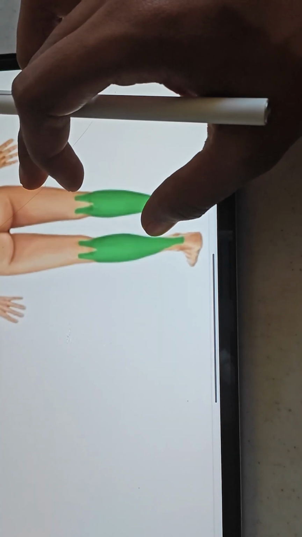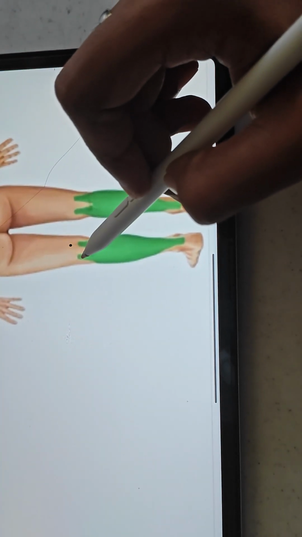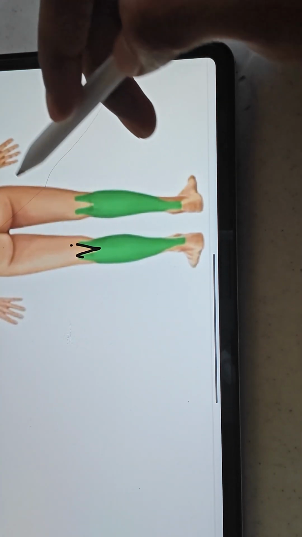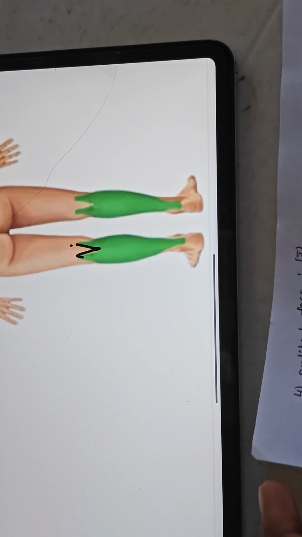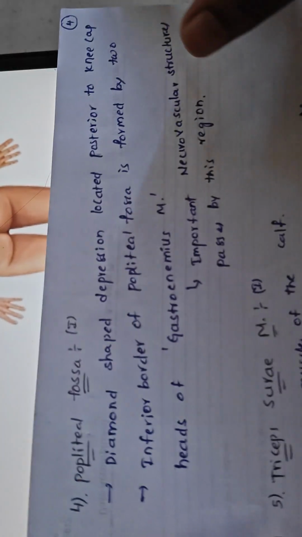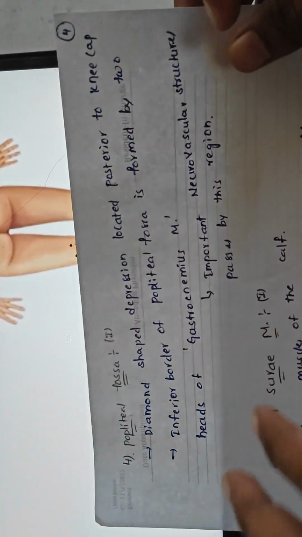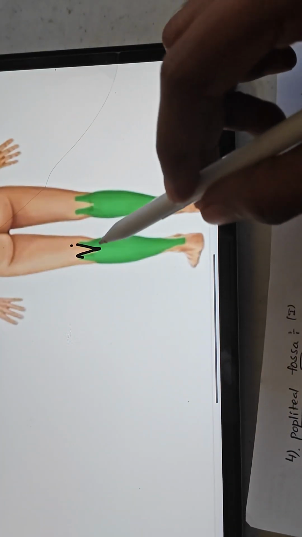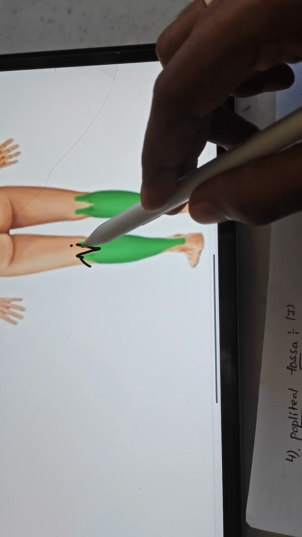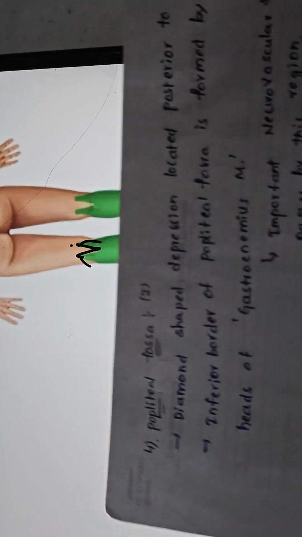If you zoom in, this one is the inferior border of the popliteal fossa. So as I mentioned before, these two heads form the inferior border of the popliteal fossa.